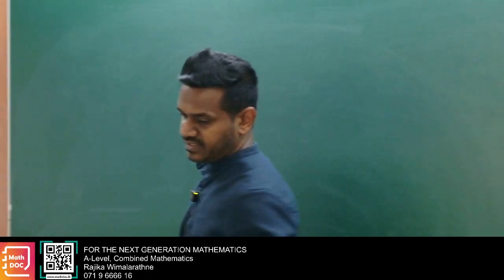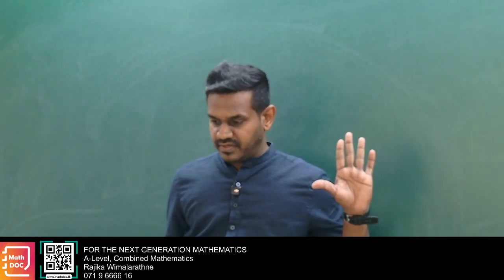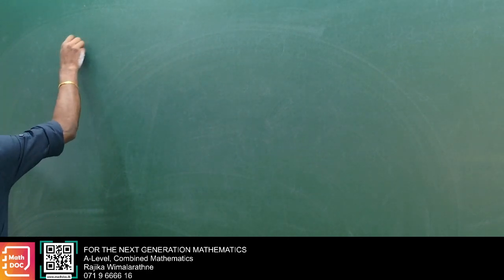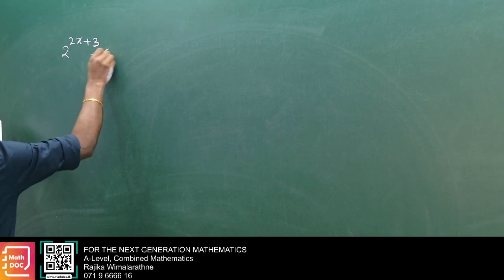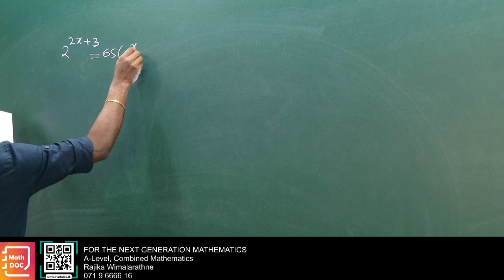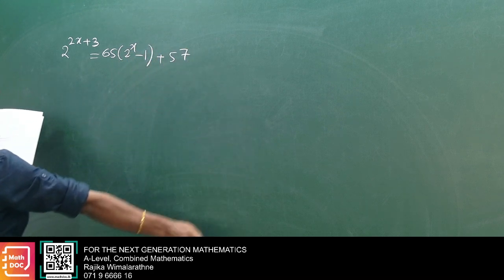Then question number 28. Here given 2 to the power 2x plus 3 minus 65 times 2 to the power x minus 1 plus 57.